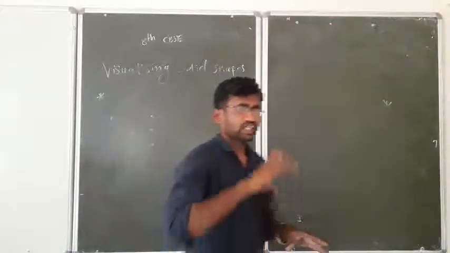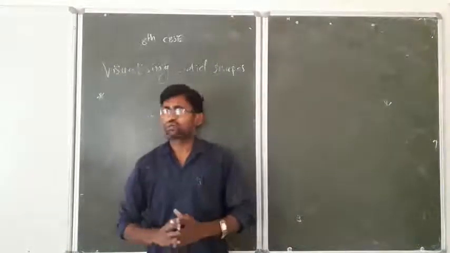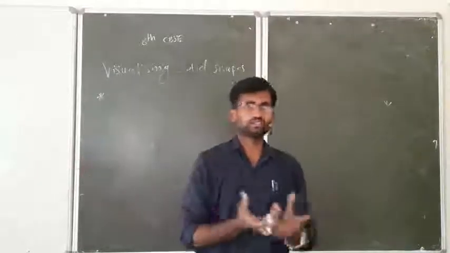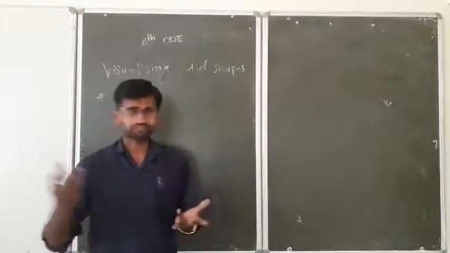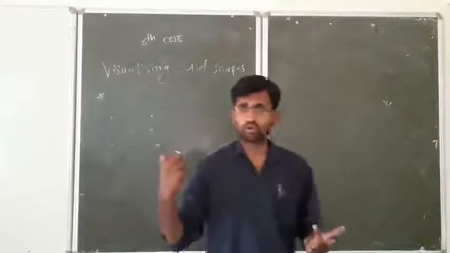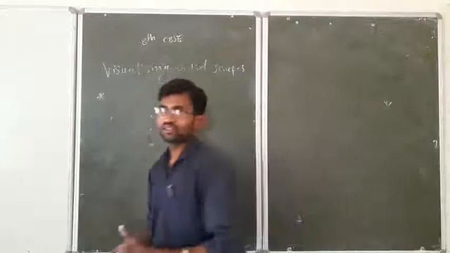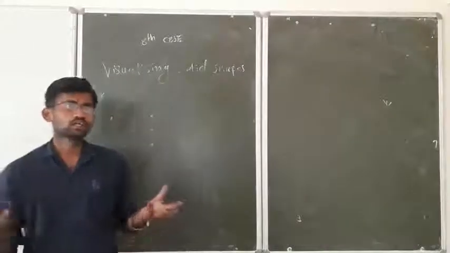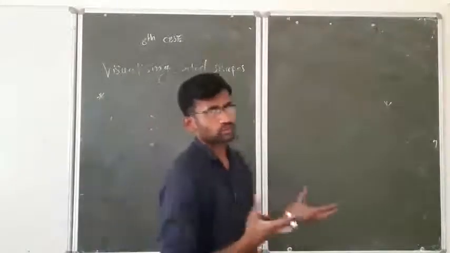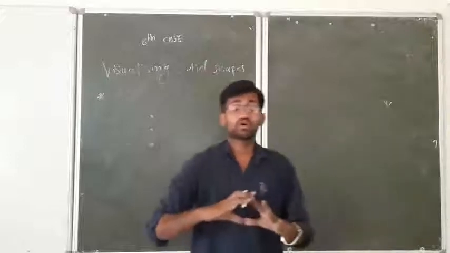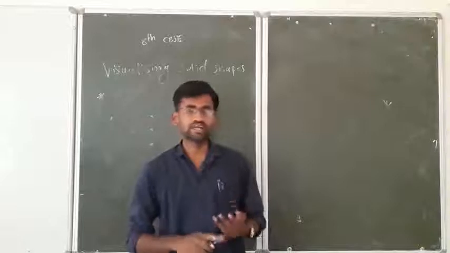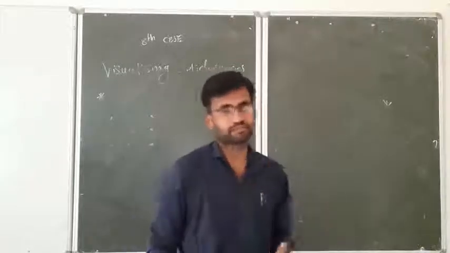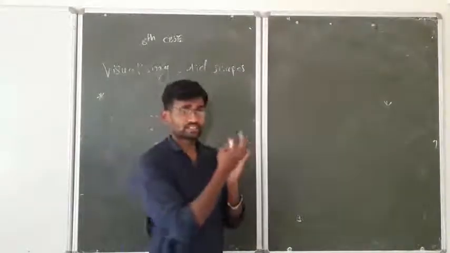Now, what are the objects you see in your day-to-day life around us? You see benches, tables, boards, fans, vehicles, houses, schools. Most of these things have some length, breadth and height.